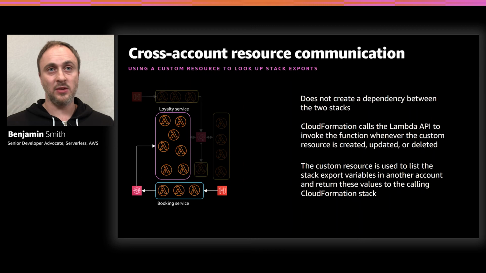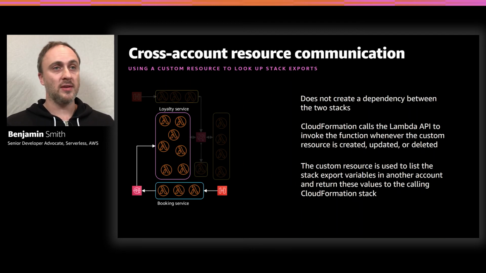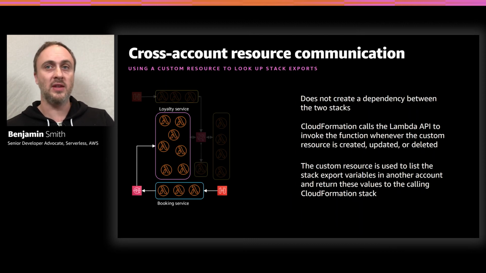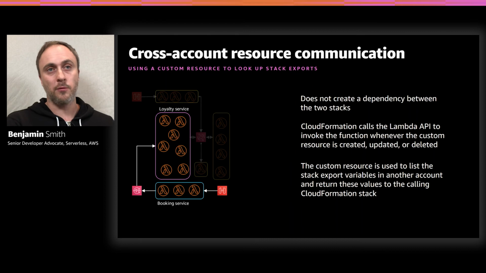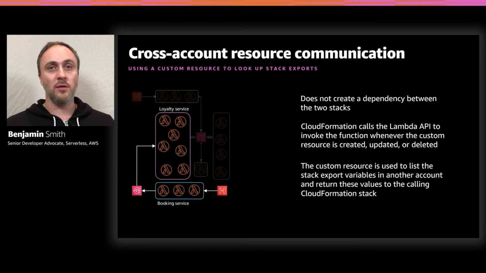And what this means is whenever the custom resource is created or updated or deleted, CloudFormation will invoke this Lambda function using the Lambda API. And this function lists stack export variables from another account and it returns these values to the calling CloudFormation stack. What's really good about this method is that it doesn't create any hard dependencies between the two stacks.